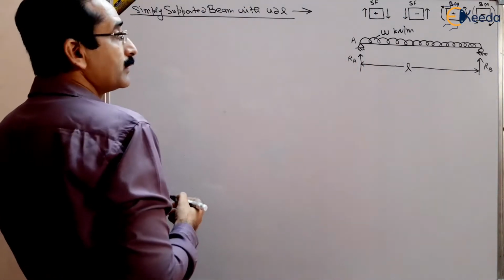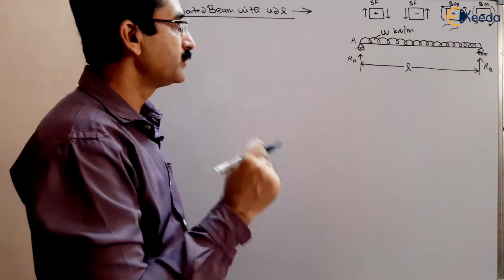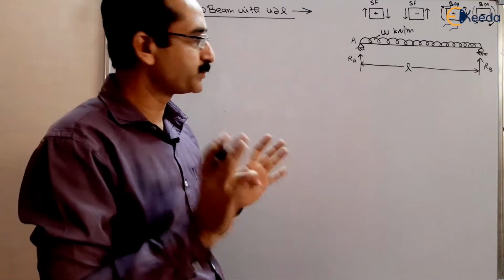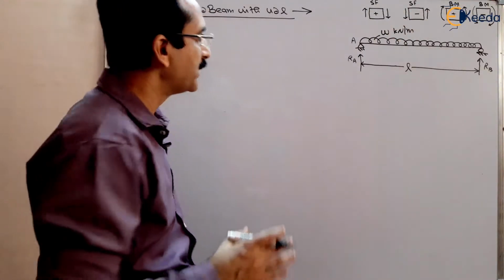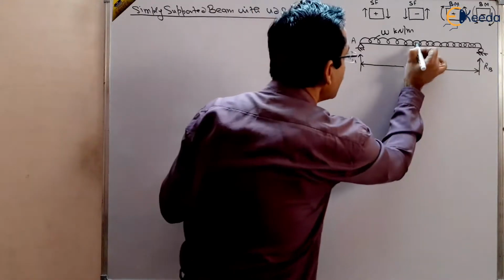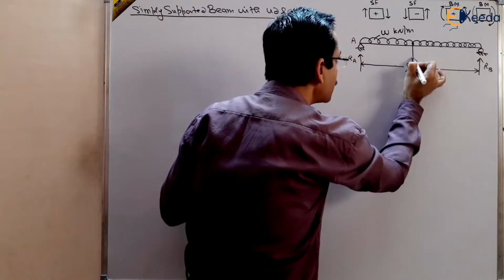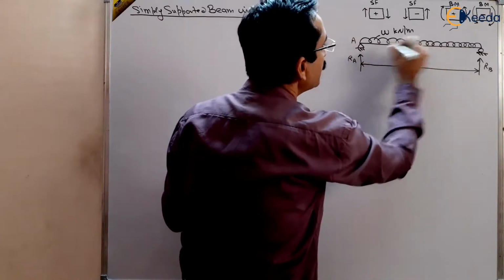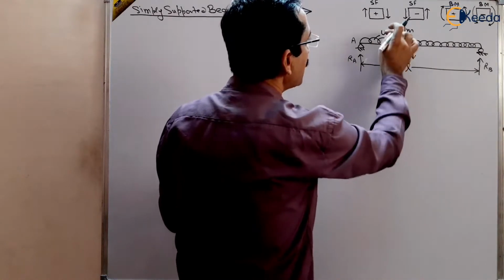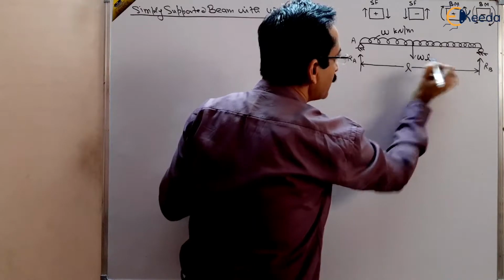Now it is a UDL, uniformly distributed load, and a UDL is like a brick which is placed on the surface of the beam. So it has some load concentrated at a point that is called the center of gravity of this UDL, and that will be W multiplied by L. We have already read in our previous lecture, WL.